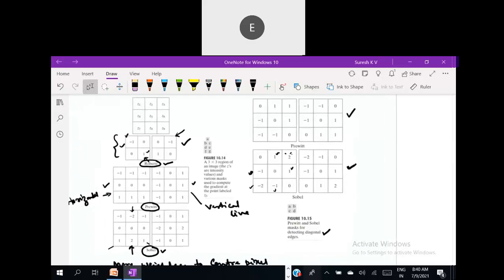Have you understood this? Is this clear? Is this clear? Any doubt?